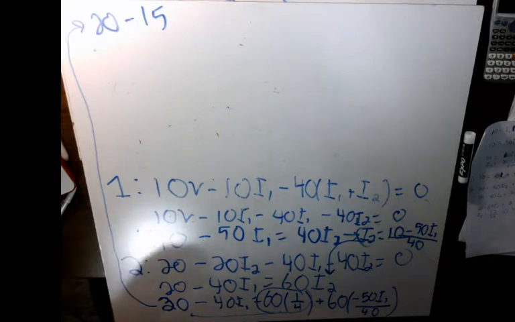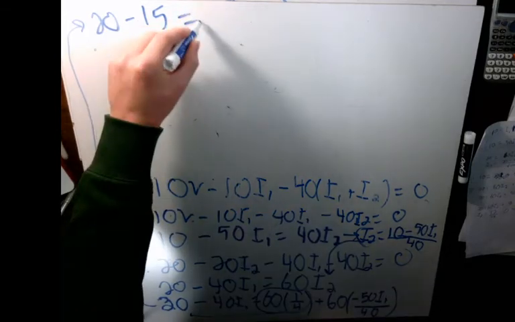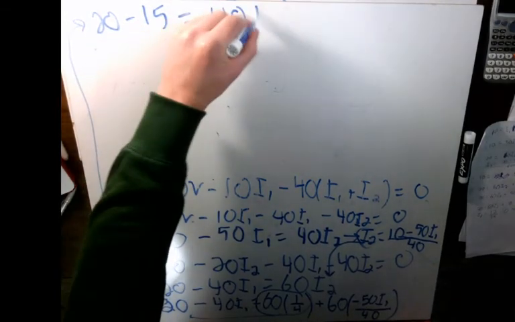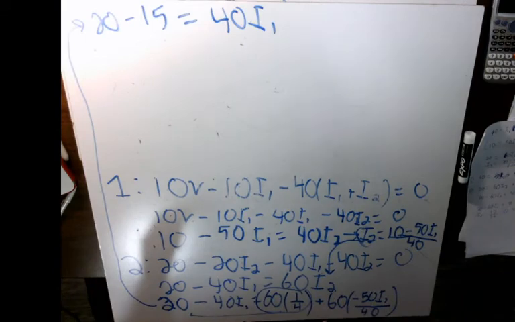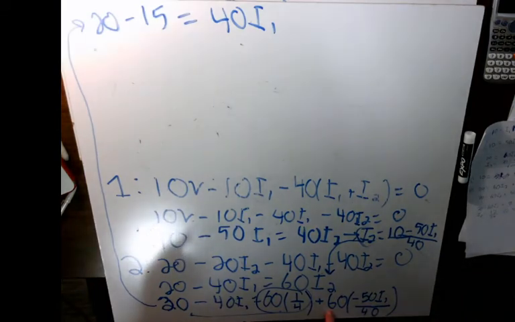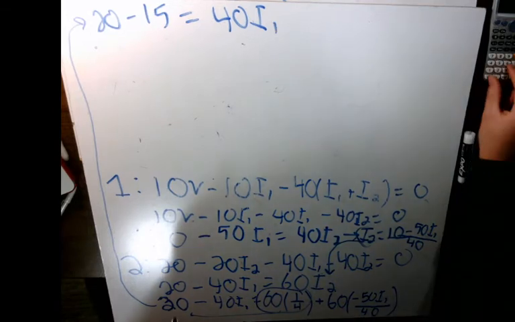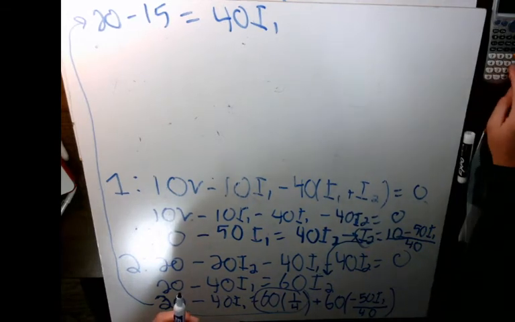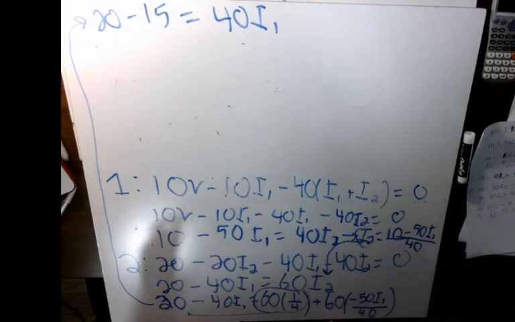And I'm going to bring this one over to my other side, is equal to 40I1. And then I got 60 times negative 5 over 4, which gives me negative 75I1.